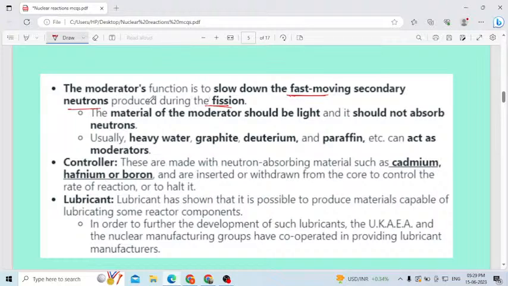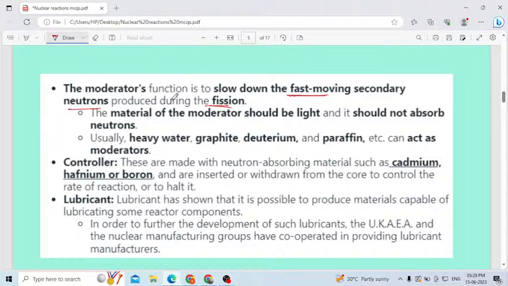Already I told you nuclear fission is a controlled chain reaction. From one step to another, neutrons are continuously produced. When you have fast moving neutrons, it becomes uncontrolled nuclear fission. That's why you have to control the fast moving secondary neutrons.